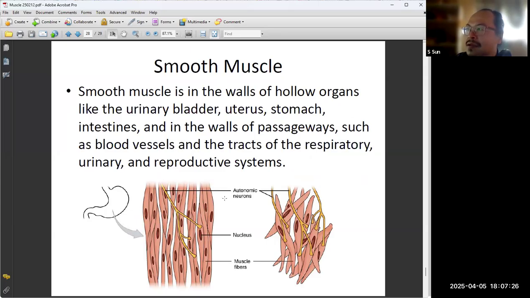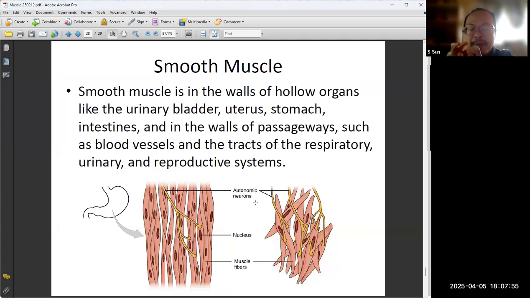This nerve is called autonomic neurons, or the autonomic nervous system. Our body's muscles all operate by nerves. We have three types of muscle: skeletal muscle, smooth muscle, and cardiac muscle. Skeletal muscle is operated by nerves that are controlled by your free will, whether you want to do it or not.